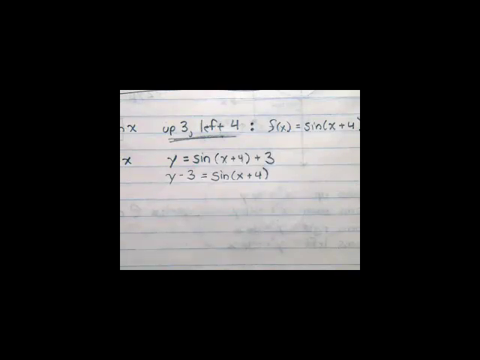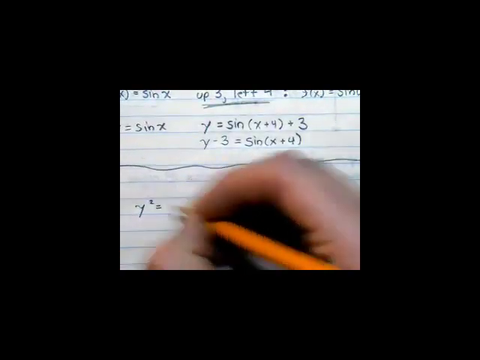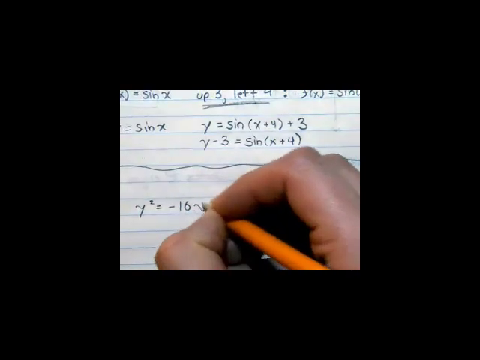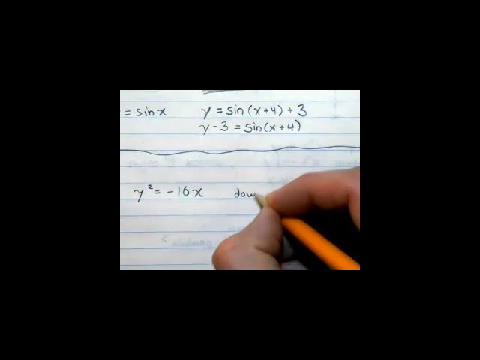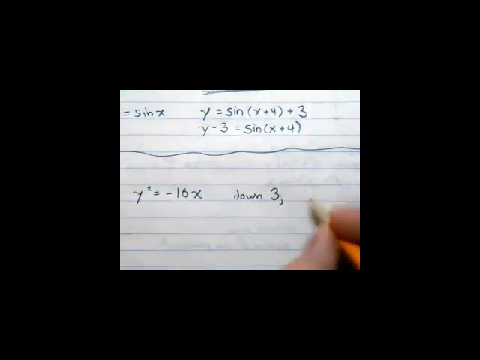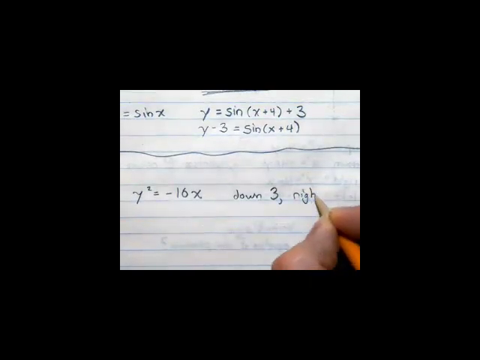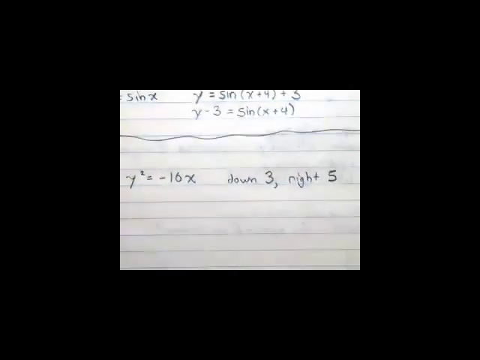So when we're translating things around on the coordinate plane with these parabolas that we're looking at, think about changing the signs for both and making substitutions, and it works. I'll give you a quick example of that. Let's say the parabola y squared equals negative 16x, and I wanted to move this thing down 3 and to the right 5.